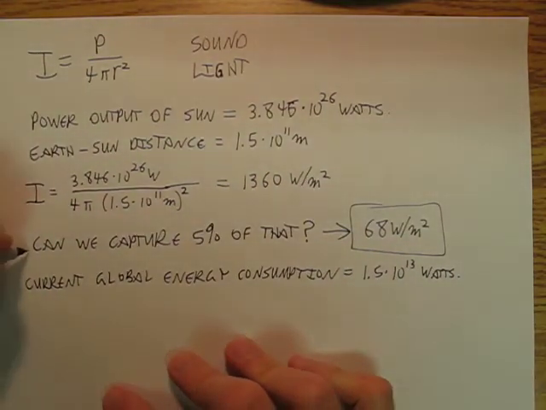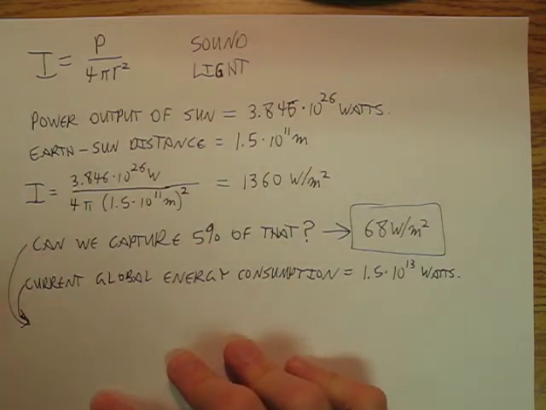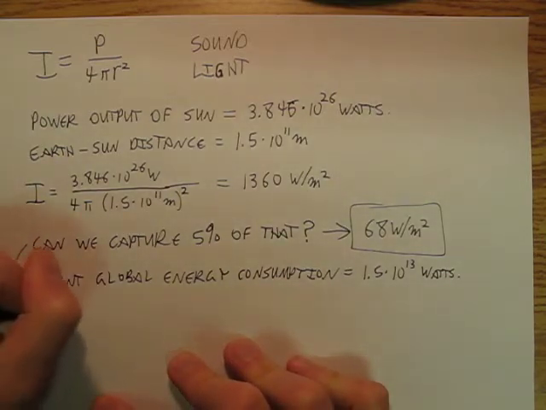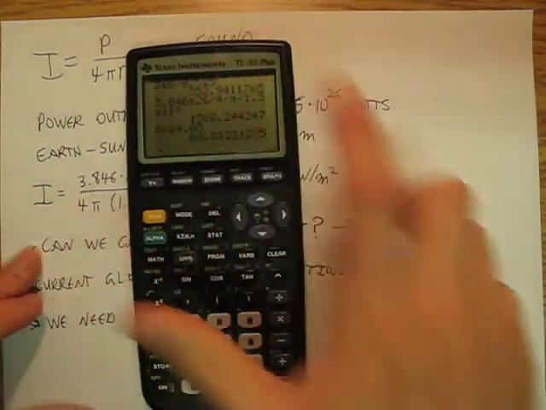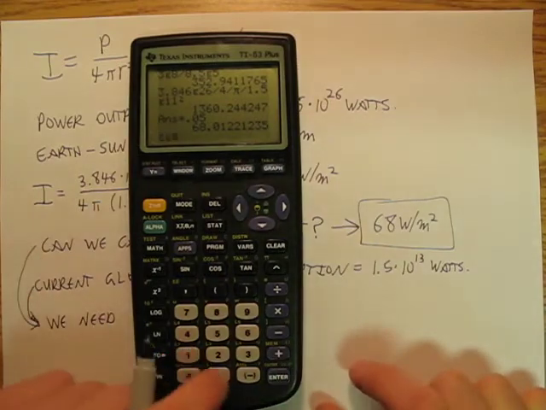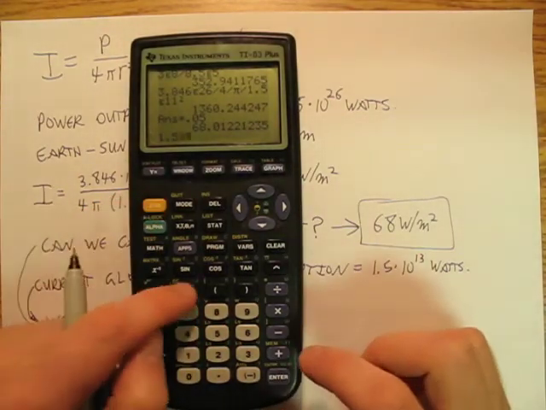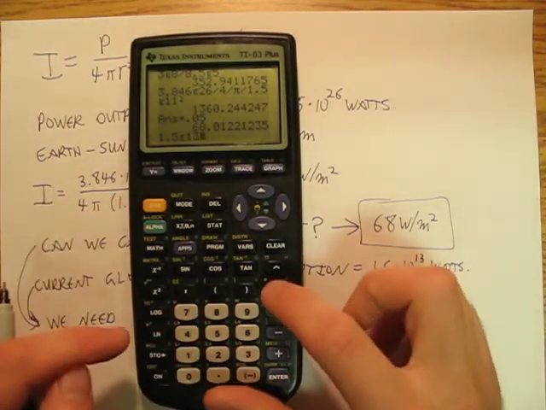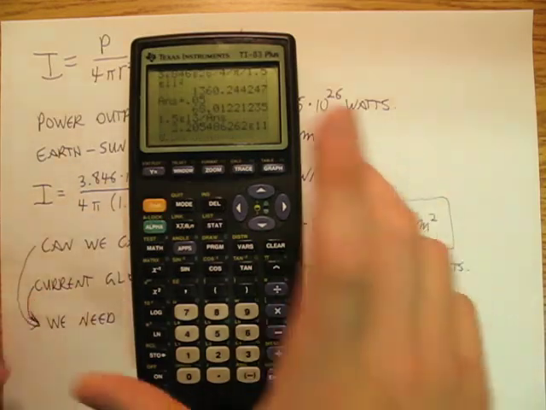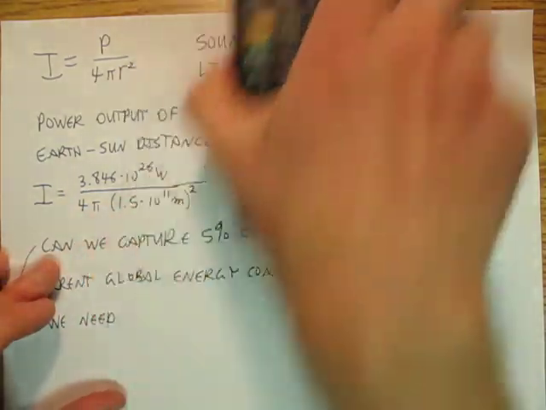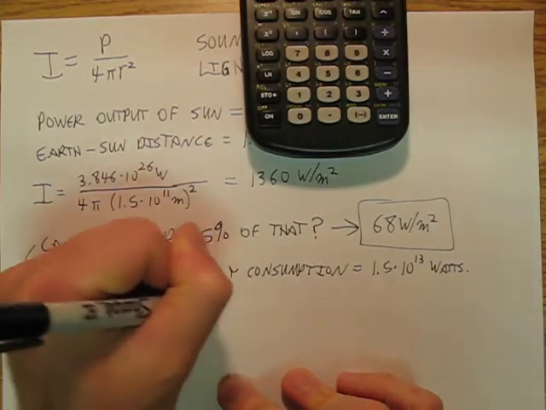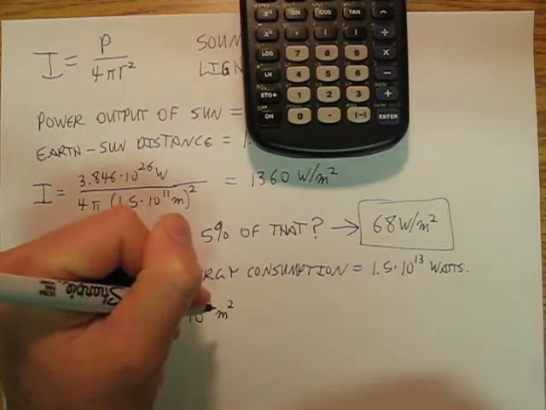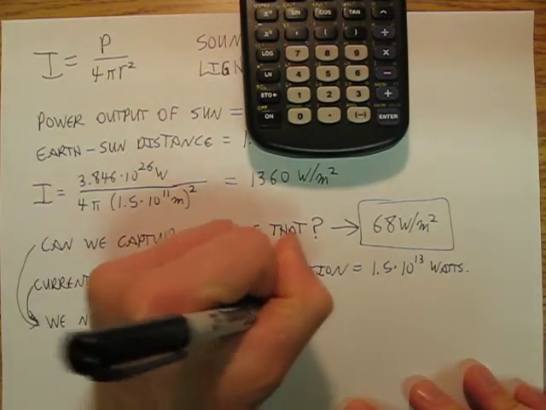So that means if I take those two and put them together, we need 1.5 times 10 to the 13th divided by my answer. We need 2.2 times 10 to the 11th meters squared of solar capture.